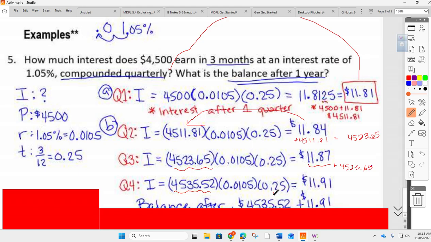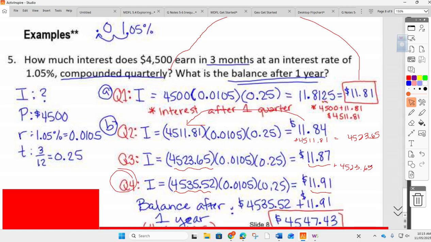This is our last quarter. We're going to multiply it by this again, come up with the interest, and add it one more time. We are going to learn a formula that will do this. We won't have to do each quarter or compounding period, but just so you know, this is the process. That is how compounding interest works. I'll let you go ahead and write the whole thing there, and then I'm going to show you again on Desmos.